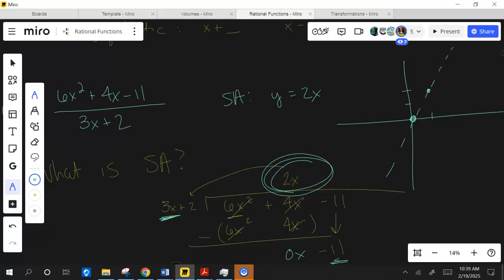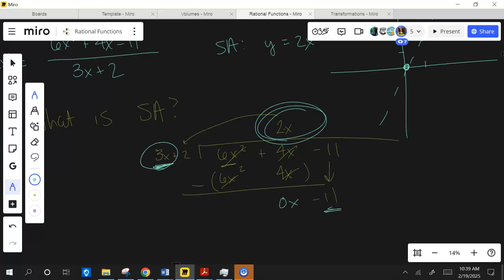I don't worry about the remainder. I just divide. So 3x goes into 6x squared how many times? Yes, you multiply that to everything.